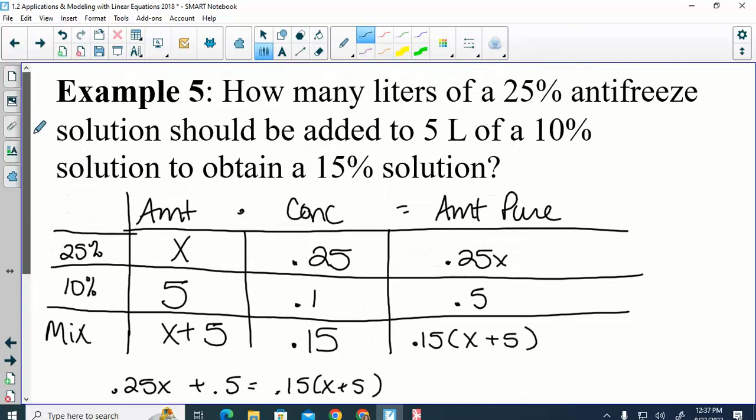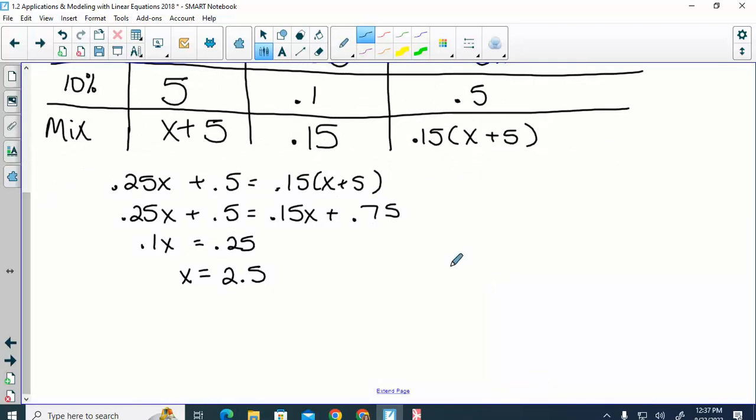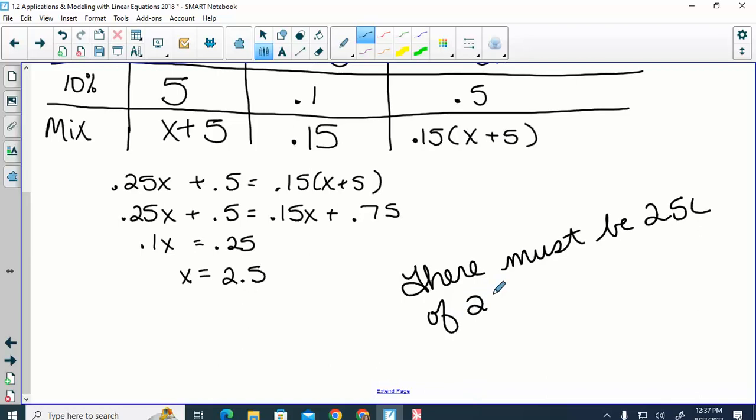So the question was how many liters of the 25% solution? So there must be 2.5 liters of 25% solution.